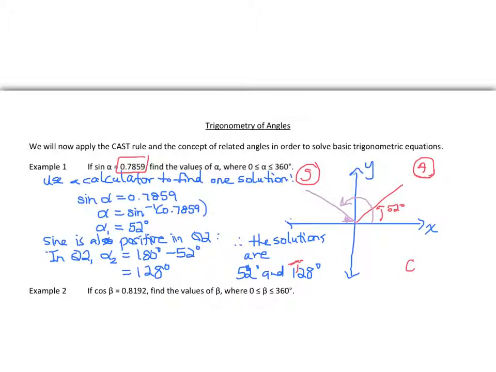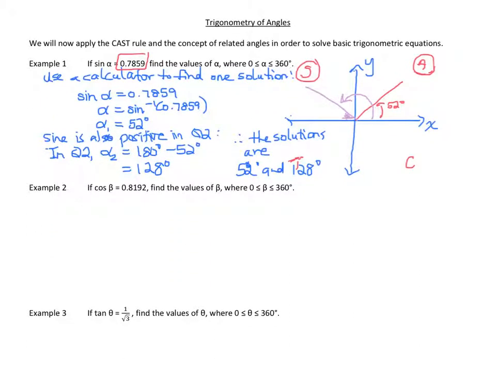Okay, on to the next example. The next example says if cosine beta equals 0.8192, find the values of beta between 0 and 360 degrees. So we'll take a similar approach. We'll use our calculator to find the first solution.